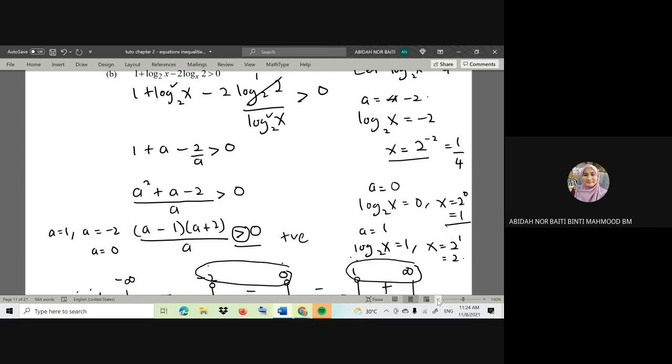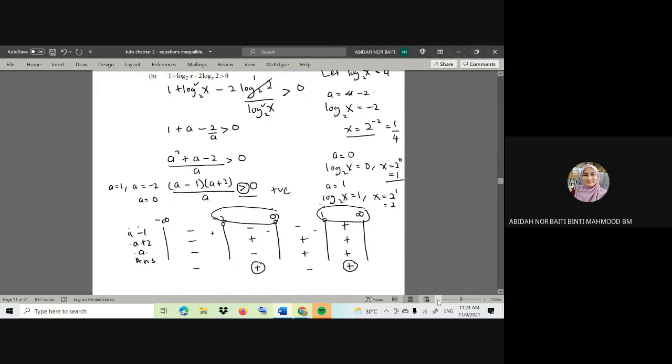Therefore, your final answer is, okay, arrange. No, we do interval notation first. 1/4 to 1, union, 2 to infinity.